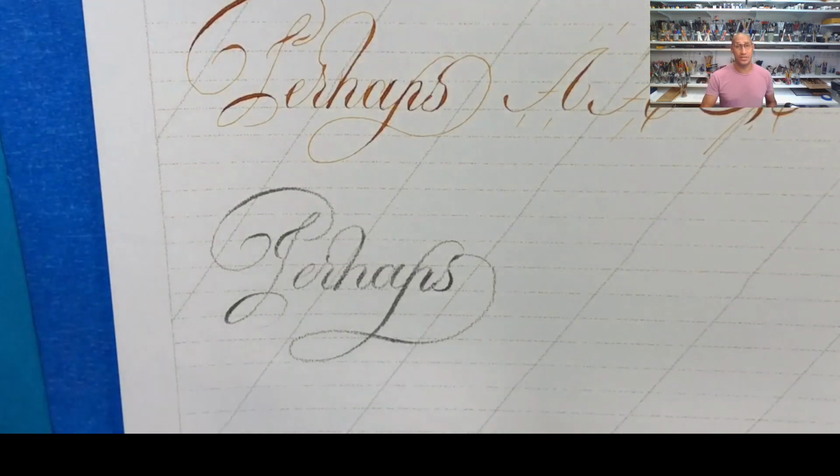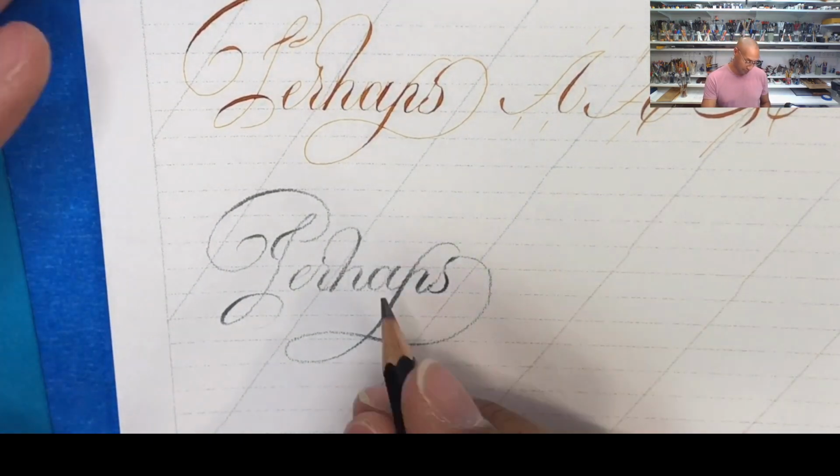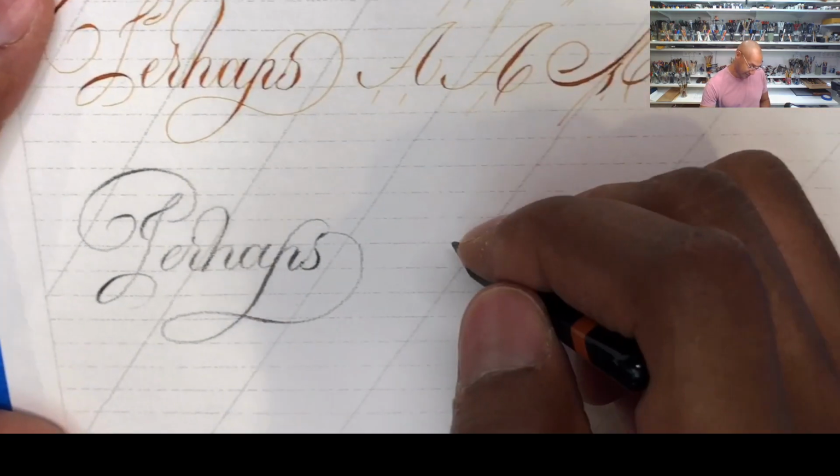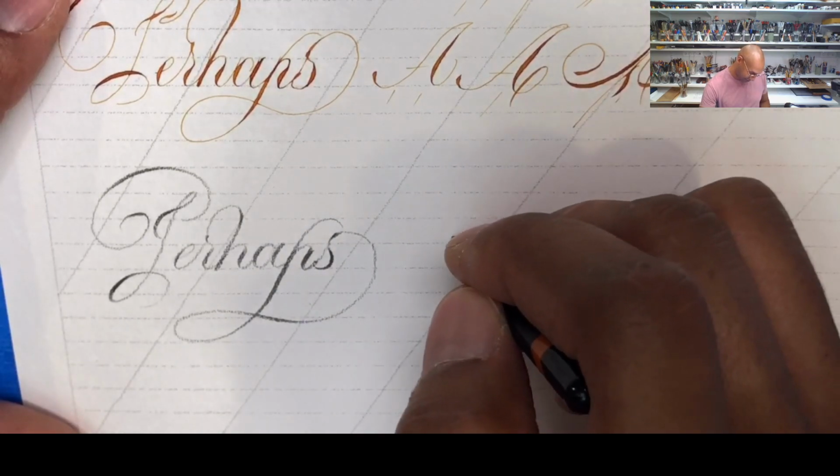So you really see how that pencil works. And of course, remember, holding the pencil this way, whereas with the nib, I held the nib in the opposite direction.